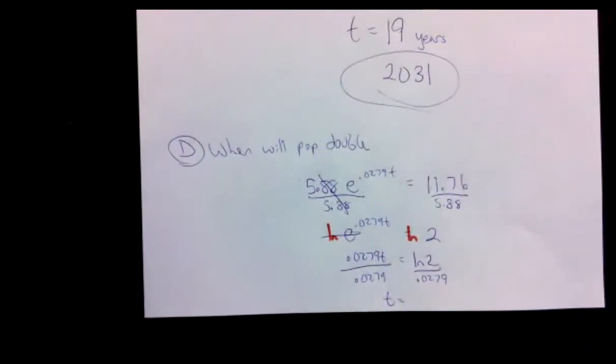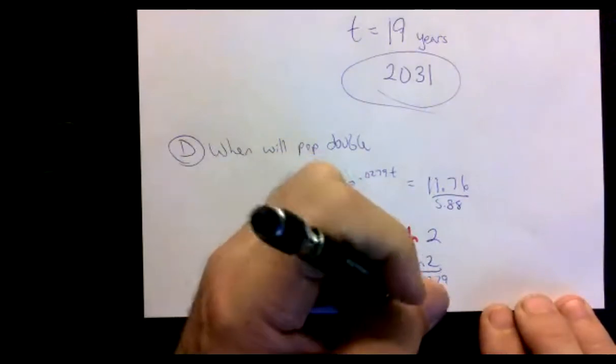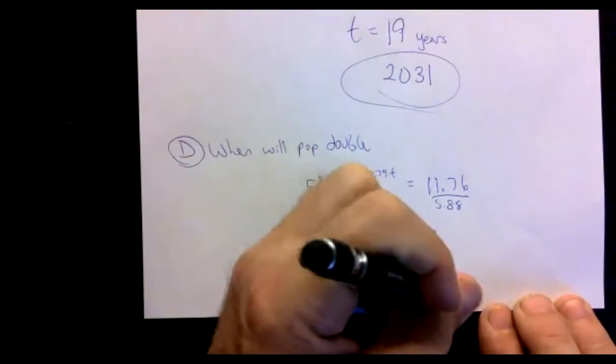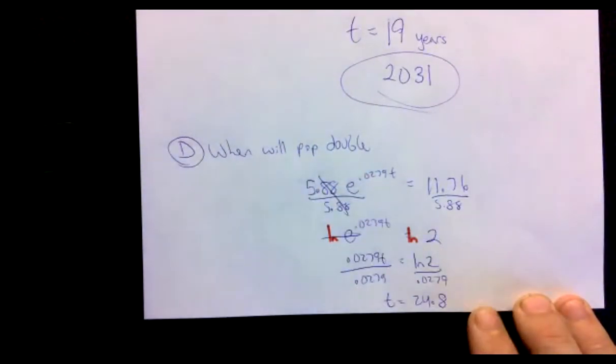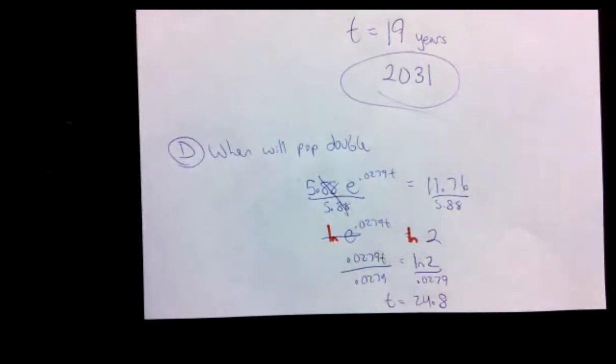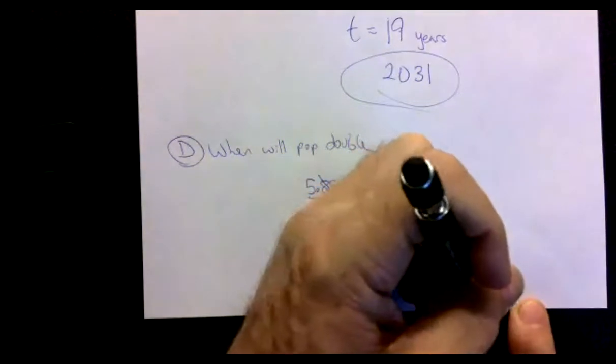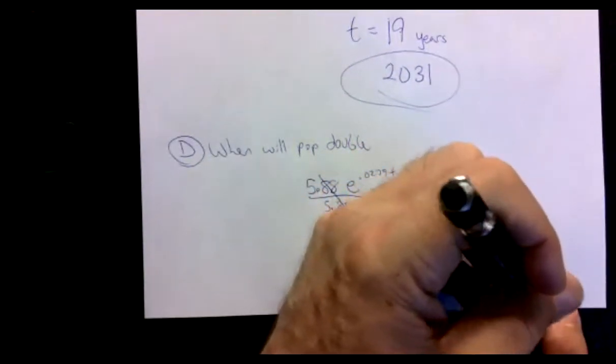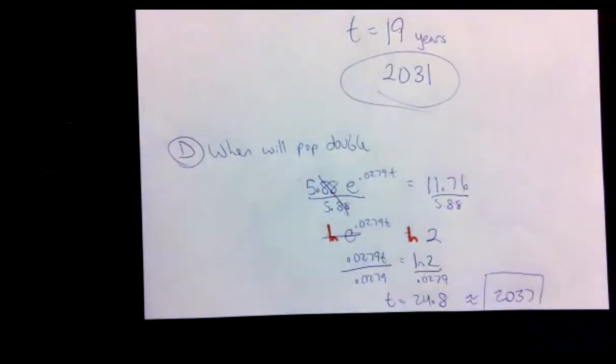So time is going to equal the natural log of 2 divided by 0.0279-ish, or about 24.8 years after 2012. So if we round to the nearest year, that would be at approximately the year 2037.